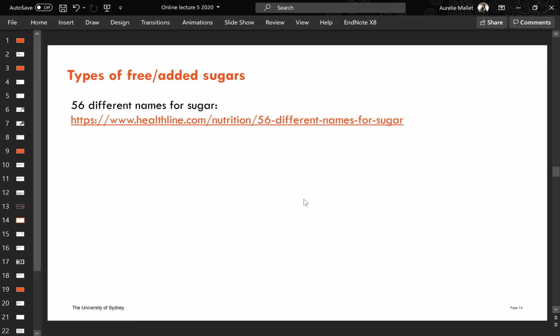In fact, there are 56 different names for sugar out there. You might be reading the nutritional label at the back of the food, and it might not say sugar, it might say a different word, with a high quantity of that word, but you don't know it's sugar, so you think it's good for you and you eat it. So let's have a look at that.